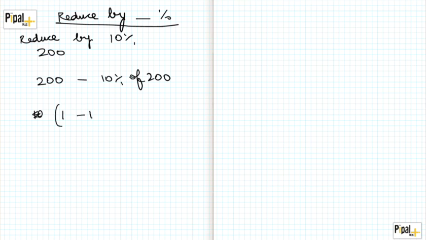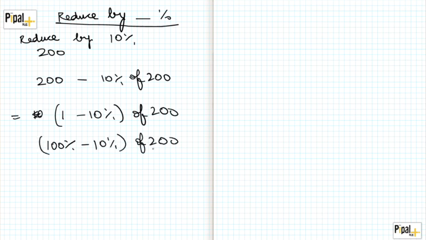So 1 minus 10% of 200. This is what this thing is equal to, and 1 is 100%. So I do 100% minus 10% of 200, and this becomes 90% of 200, right? So notice that if I must reduce something by 10%, I just do 90% of 200, right?